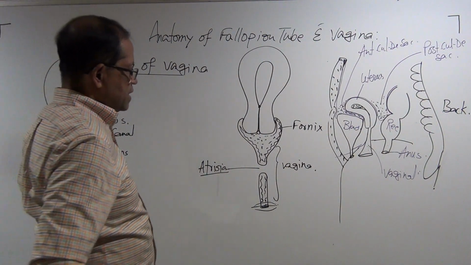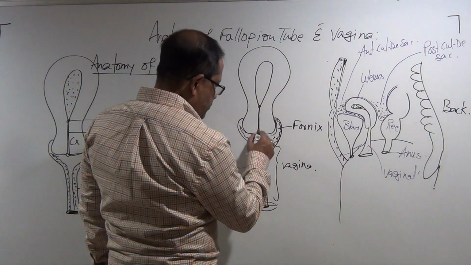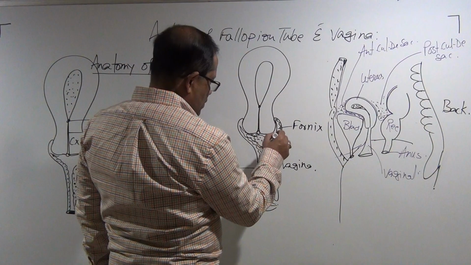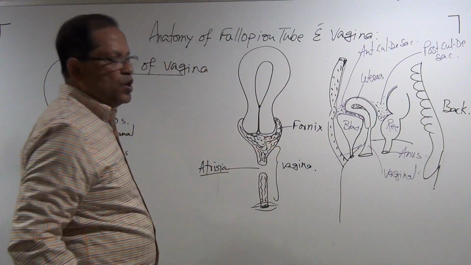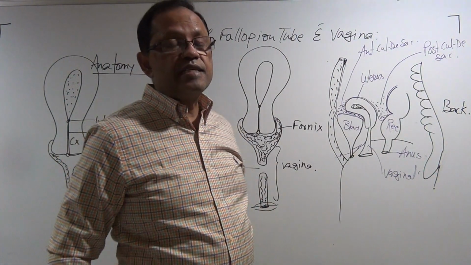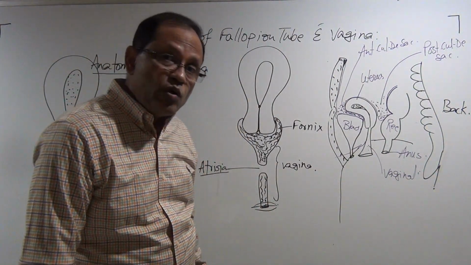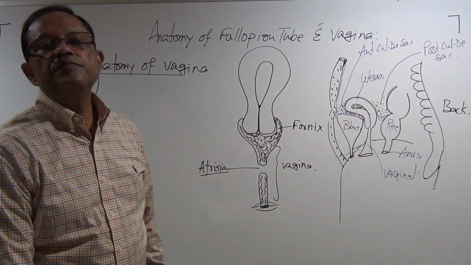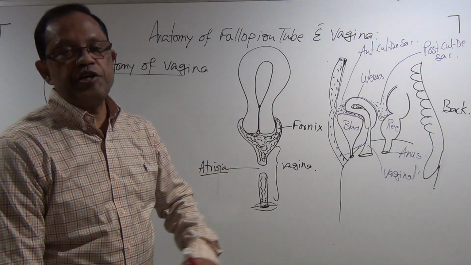Keep that in mind. So when there will be collection of blood over here, we call it hematocolpos. We're going to discuss it in the disease condition. Hematocolpos due to obstruction or atresia.